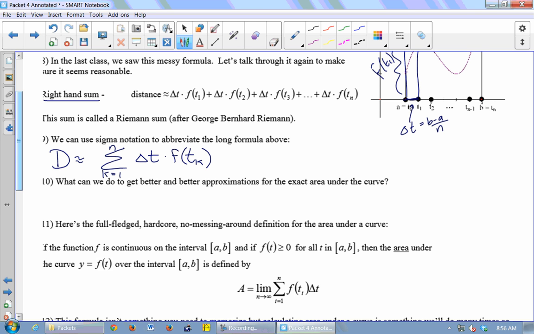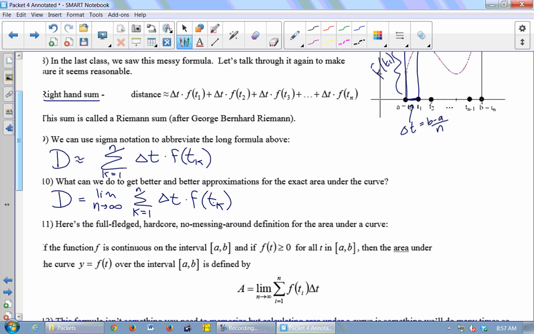And then what do we do again to get better and better approximations of the exact area under the curve? Make n larger. Take the limit as n goes to infinity. So it turns out that, in fact, total distance exactly is the limit as n goes to infinity of the sum from k equals 1 to n of delta t times f of t sub k.